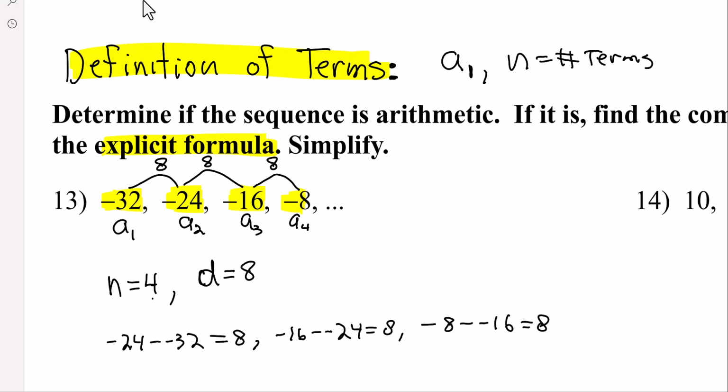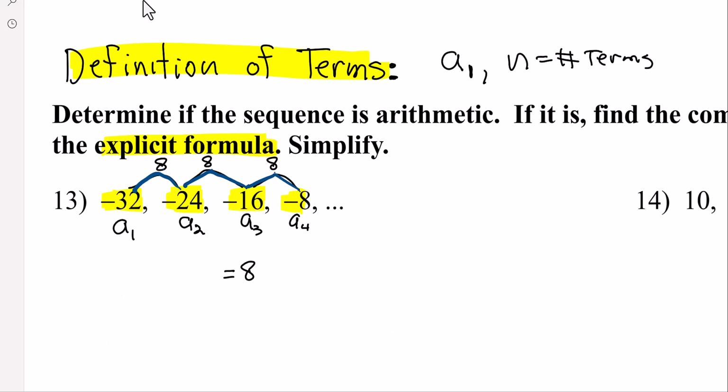So when they're talking about common difference, that means every time you continue to subtract, we did negative 24 subtract negative 32, and we got 8. Negative 16 subtract negative 24, negative 8 subtract negative 16. This is what the common difference is. All right. So I'm going to move those things over here.